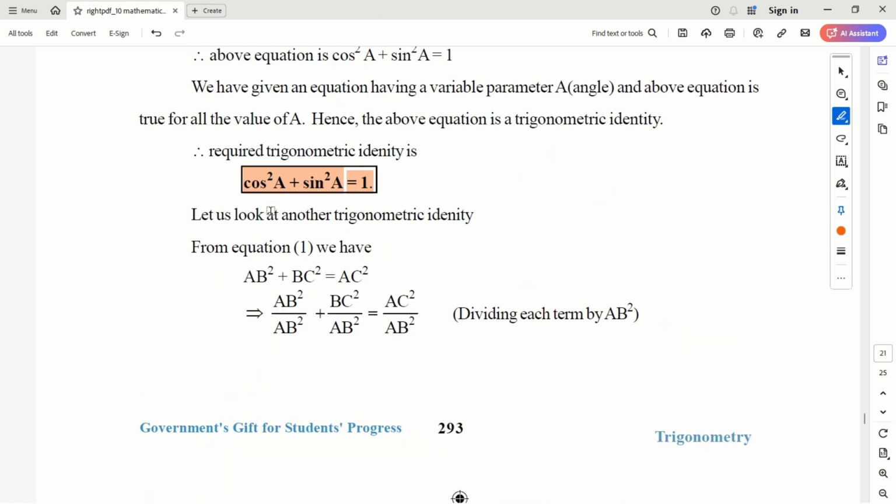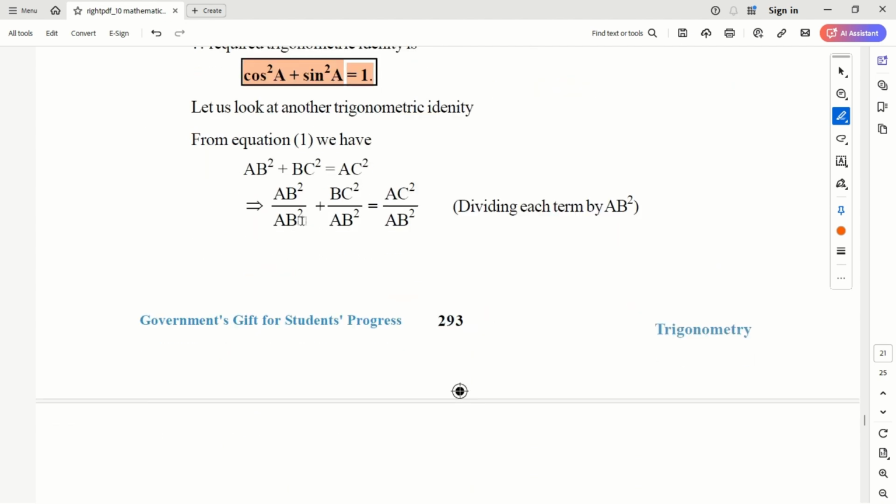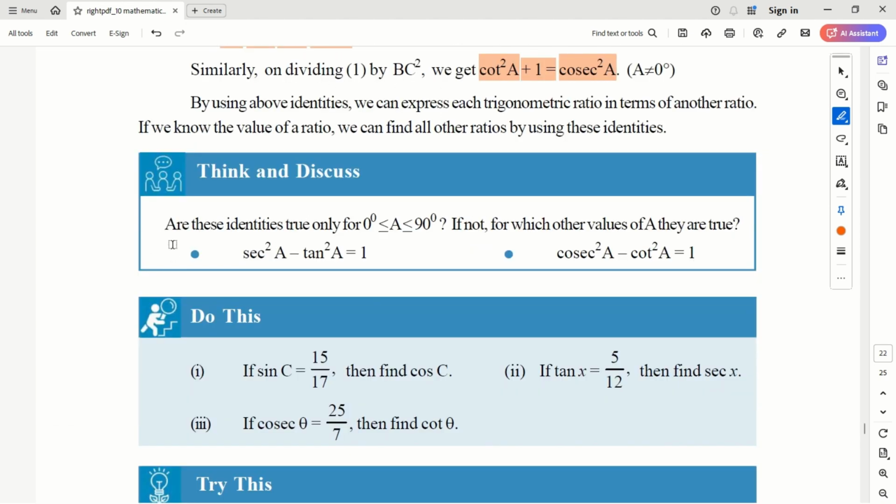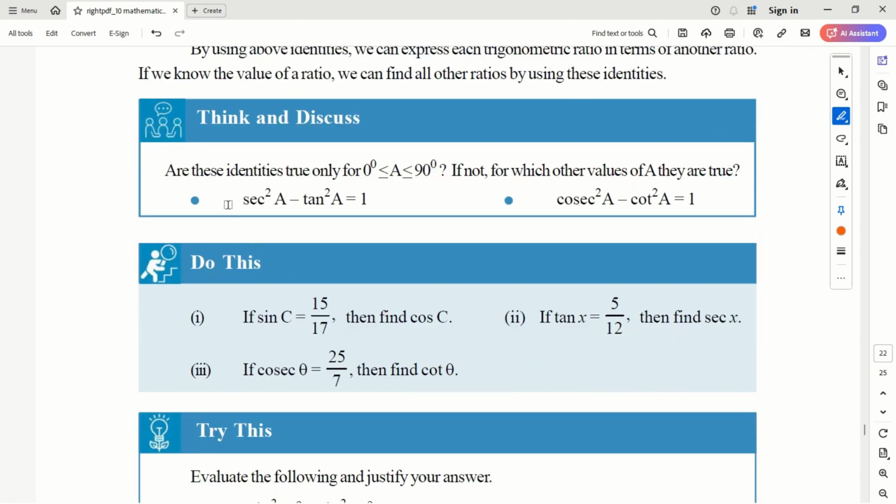You divide it by sin square A or cos square A, you will get the other two. This is important to note down. These identities hold good for all values from 0 to 90, basically any angle A.